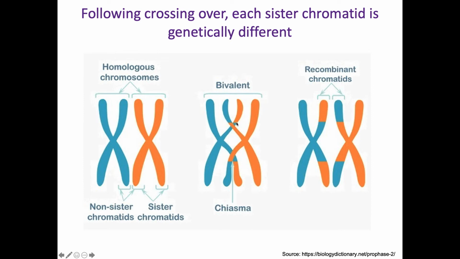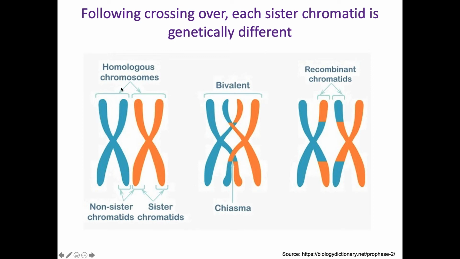During crossing over, the result is that parts of what used to be on the paternal sister chromatid are moved to the maternal sister chromatid and the opposite. The outcome now, if you'll look here, is that you have 1, 2, 3, 4 sister chromatids, none of which are identical.